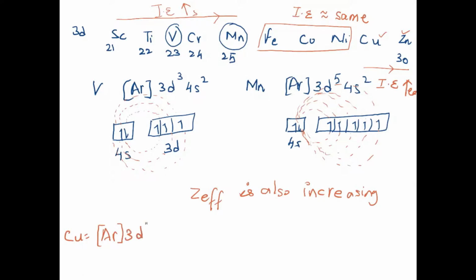Zinc is argon 3d10 4s2, fully filled, extra stability, so a large amount of energy is required to remove the electrons. So always remember, half-filled orbitals and fully filled orbitals have an extra stability.